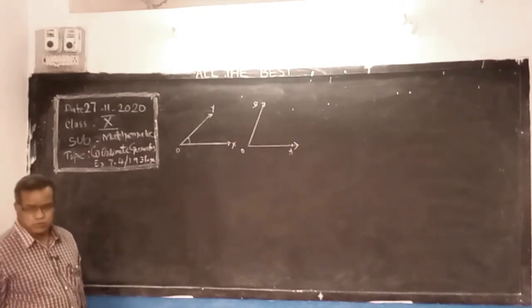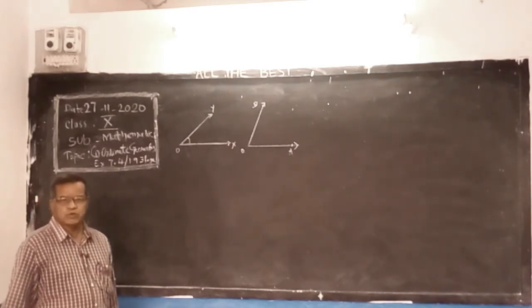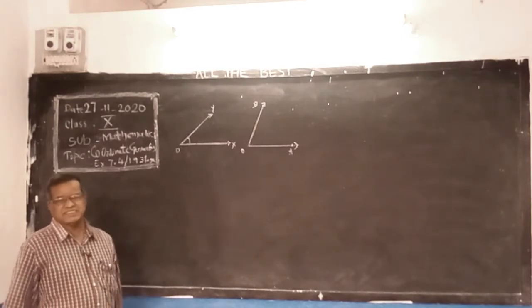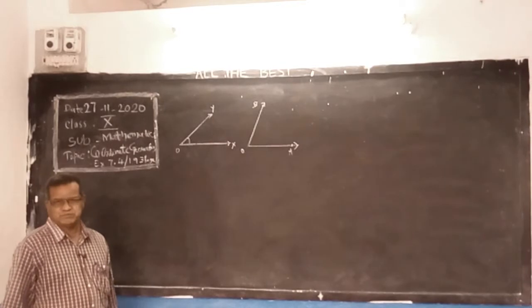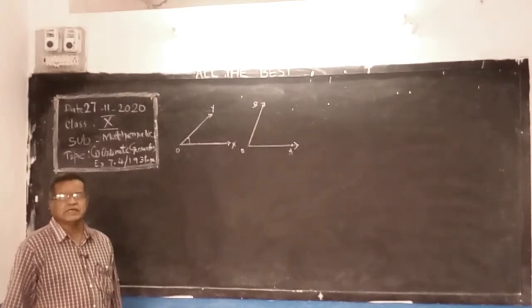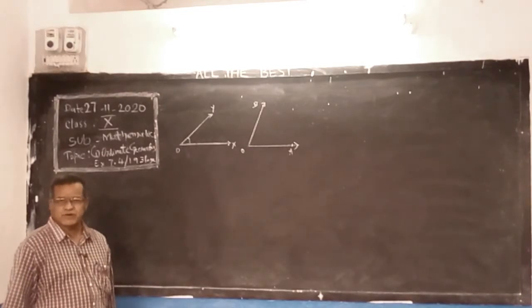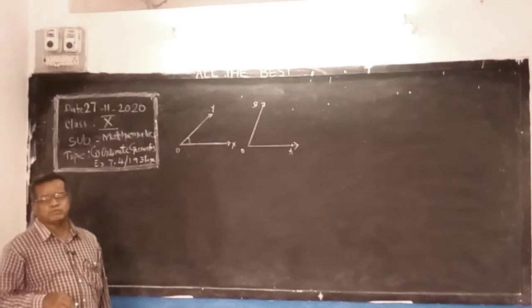In exercise 2, section formula. If one point is dividing the line joining 2 points in a given ratio internally, m1 is to m2, that is the section formula. In the section formula, we again have two points.